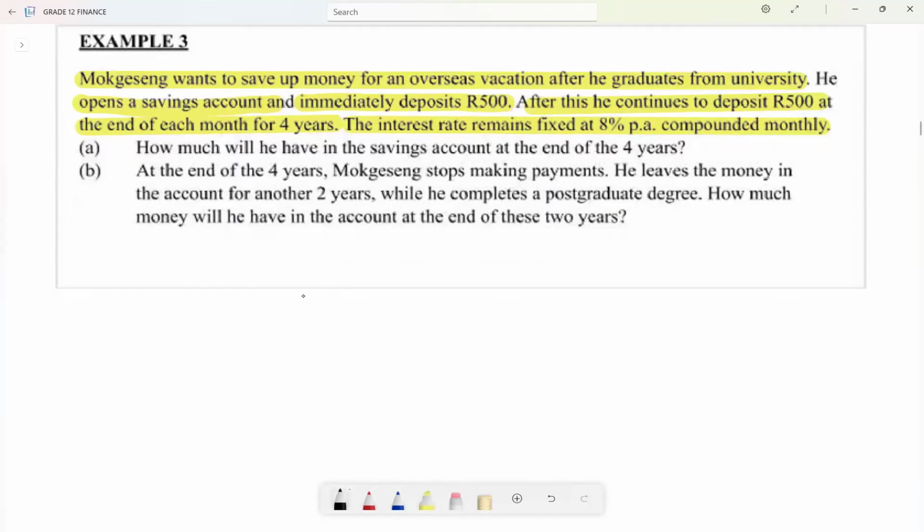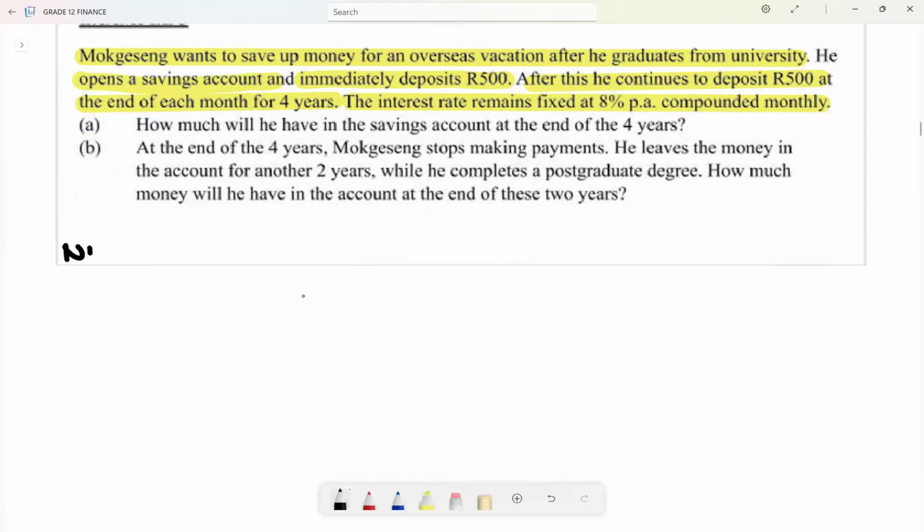Now, before I answer this question, I need you to take note of this. When you are doing these types of questions for future value and all of that, you need to take into consideration the value of n. The value of n is very, very important. What do I mean by that?